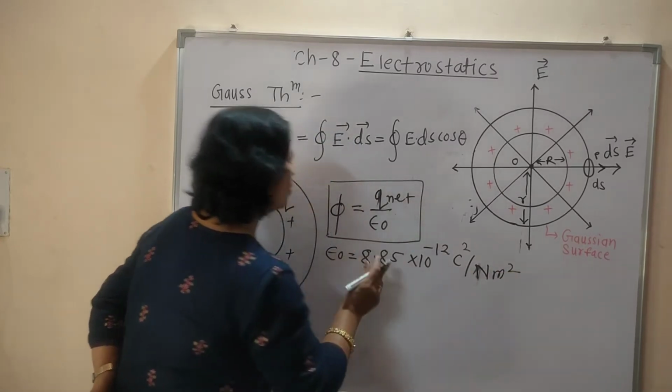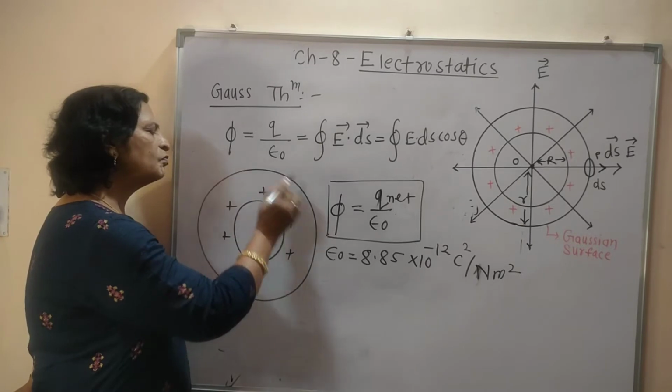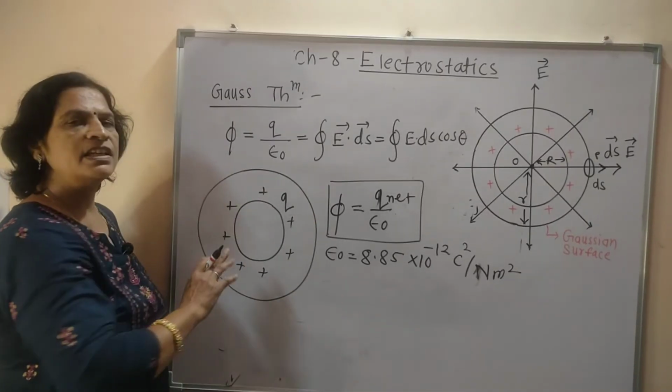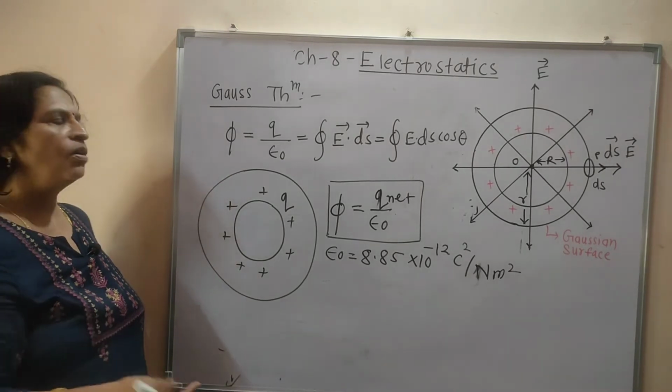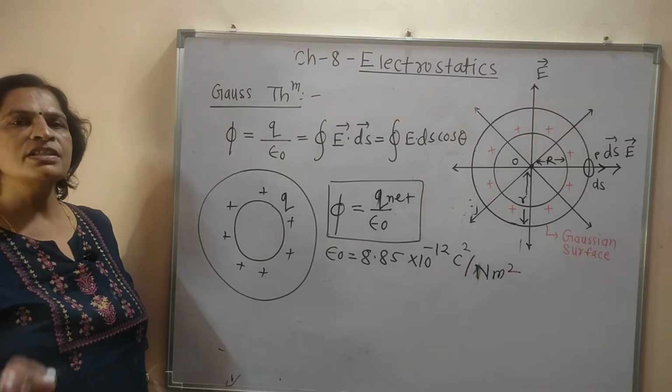This is the value of epsilon naught. And again I repeat, the flux over this Gaussian surface does not depend on the size and shape of the Gaussian surface.